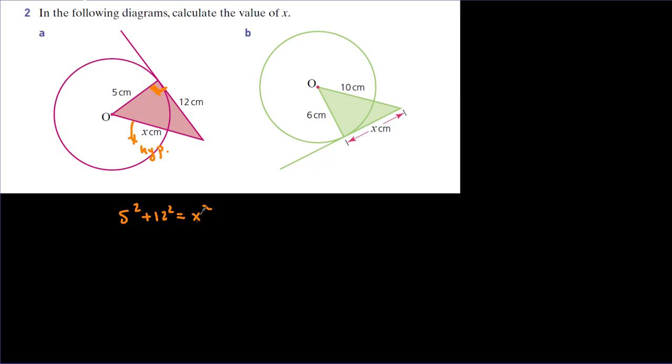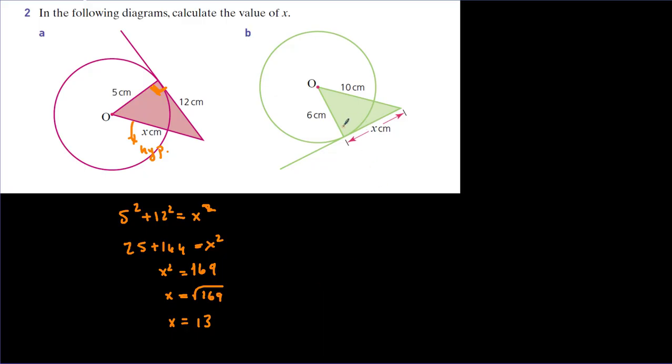This is 25 plus 144 is equal to x squared. Then x squared is 169, and x is equal to the root of 169, which is 13. X is equal to 13.